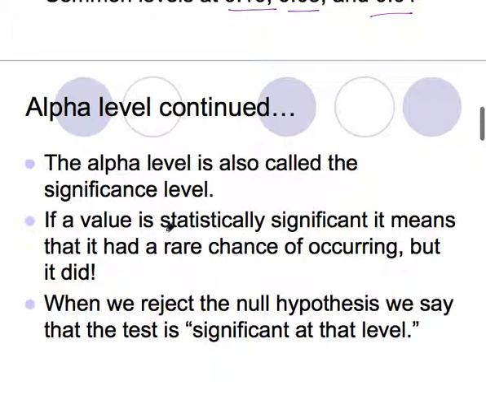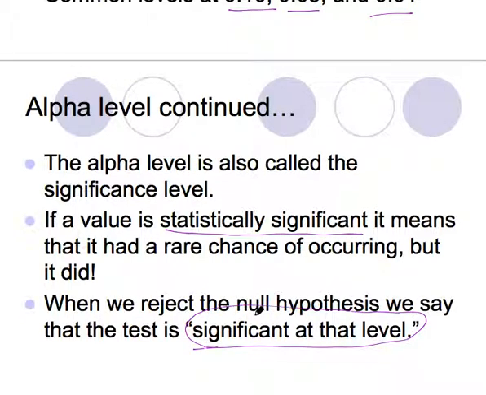So now we are finally able to say statistically significant. If a value is statistically significant, it means that it had a very rare chance of occurring, but it actually did occur. So the probability, or that p-value, is very small, therefore it is statistically significant at that level. Those are the magic words that you add to your conclusion.